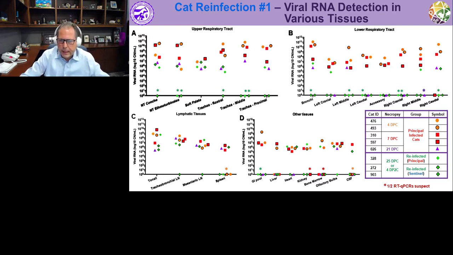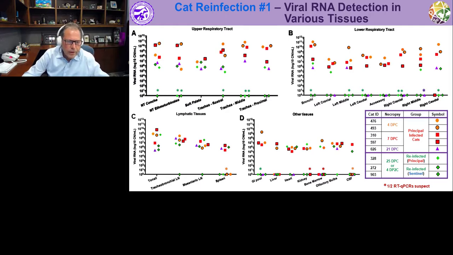If we looked at the same at the lower respiratory tract tissue, as shown here, most of them were negative. Only a couple like bronchi and some lung lobes were still positive.